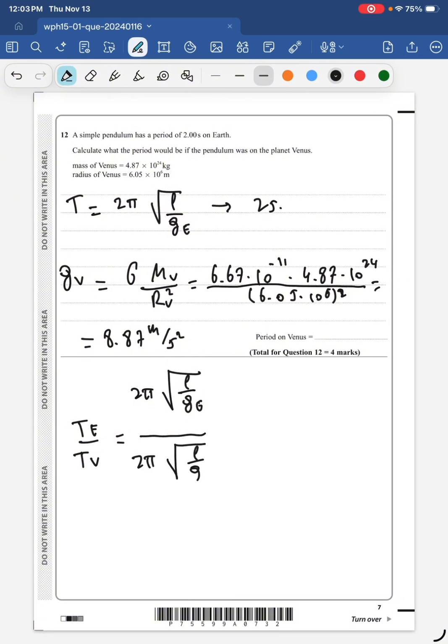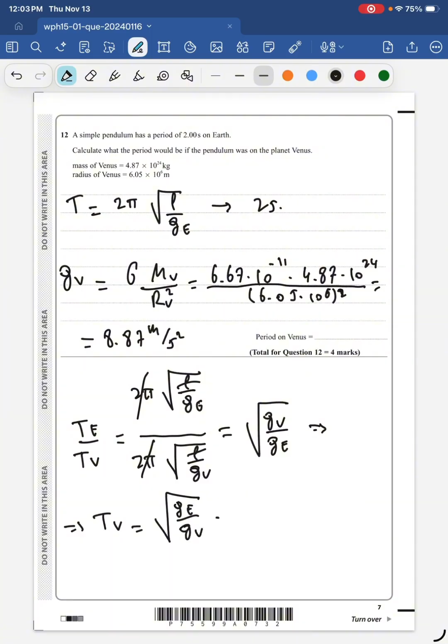So L over g Venus, okay, 2 pi goes away, L goes away, so the periods are related by the square root of g Venus over g Earth. So the period on Venus would be the square root of g Earth over g on Venus times the period on Earth, which ends up giving us 2.1 seconds.